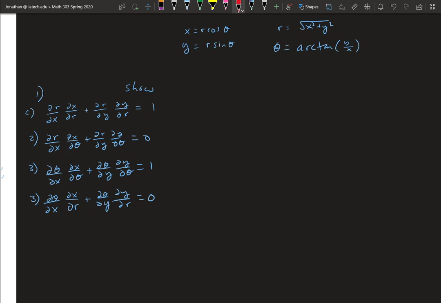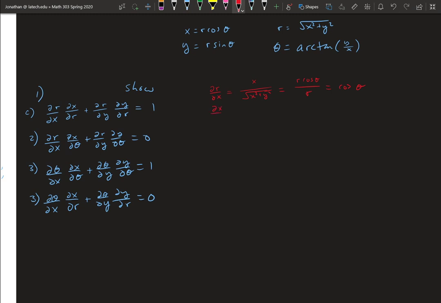So let's calculate a couple of things here. Partial r, partial x equals, let's see, it's just x over square root of x squared plus y squared, which would be r cosine theta over r, which would be cosine theta.